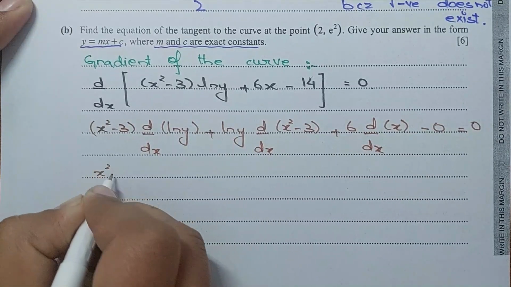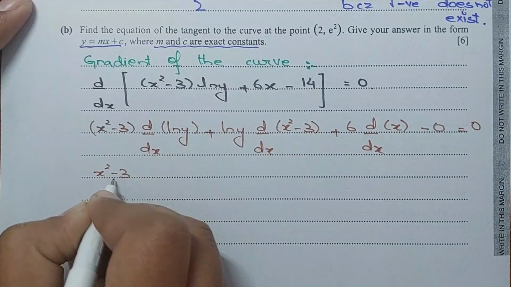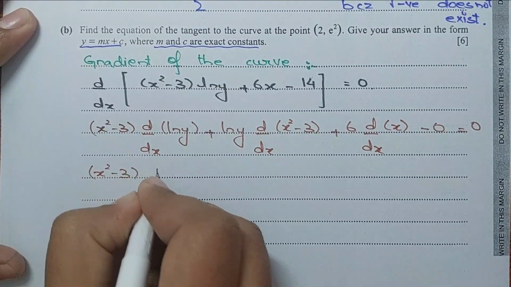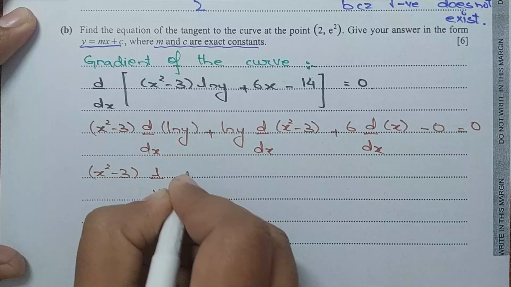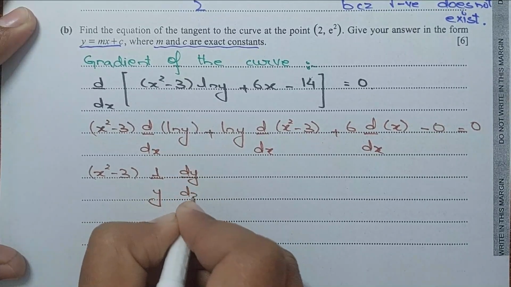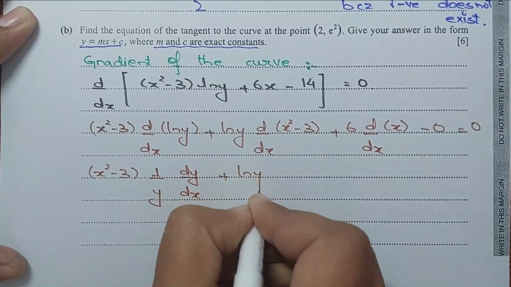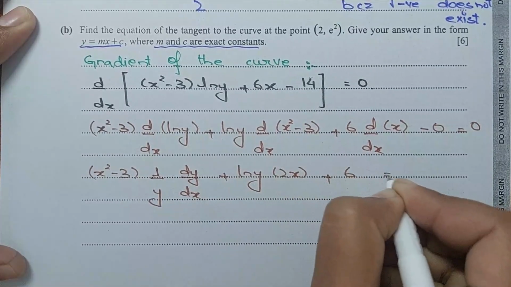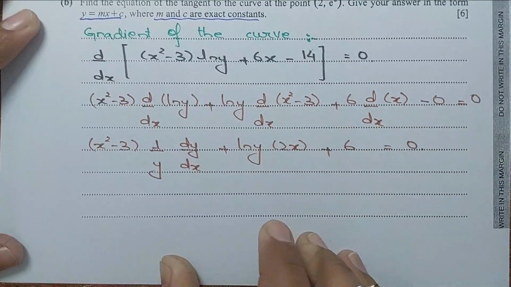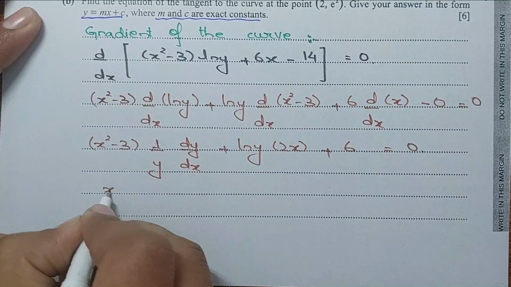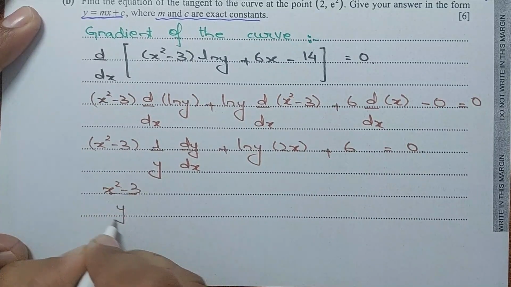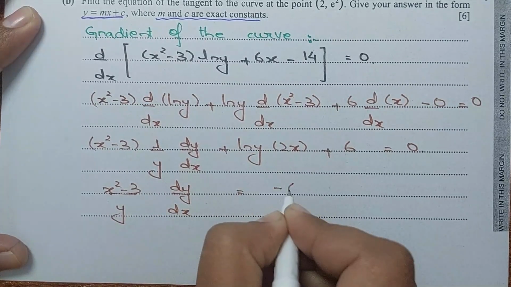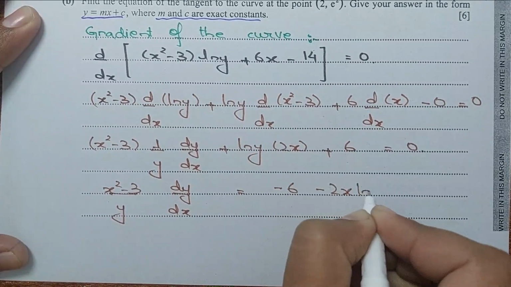So here we have x square minus 3, ln of y derivative is 1 over y dy over dx, plus ln of y as it is, whose derivative is 2x, plus 6 equals 0, because dx over dx is just 1, right? Okay, x square minus 3 divided by y, dy over dx, equals minus 6 minus 2x ln y.